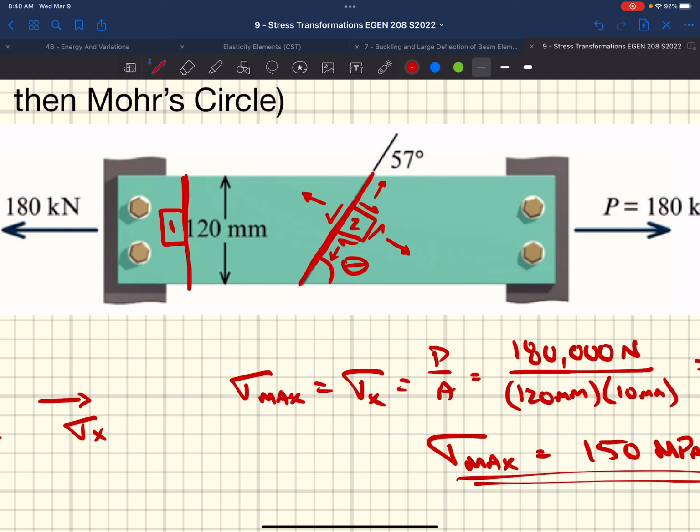Because overall, the resultant is this P of 180 kilonewtons. As we start rotating things, the normal stress is no longer aligned with that resultant force. So now we start creating these shear forces and normal forces like we saw up above in chapter 1, which create normal stresses and shear stresses.